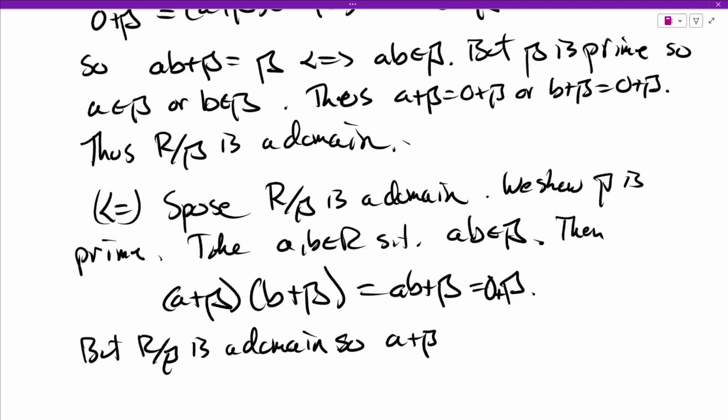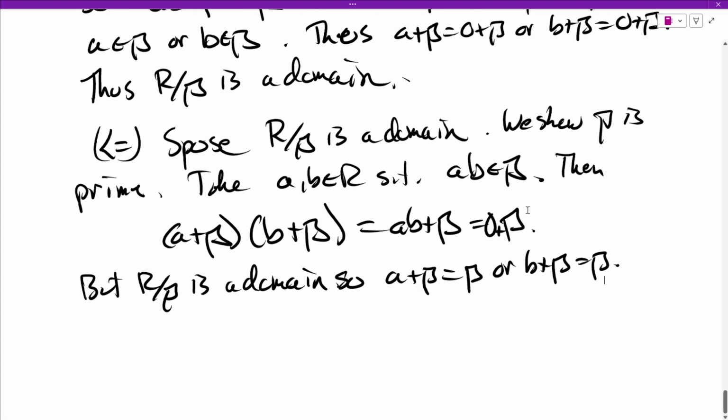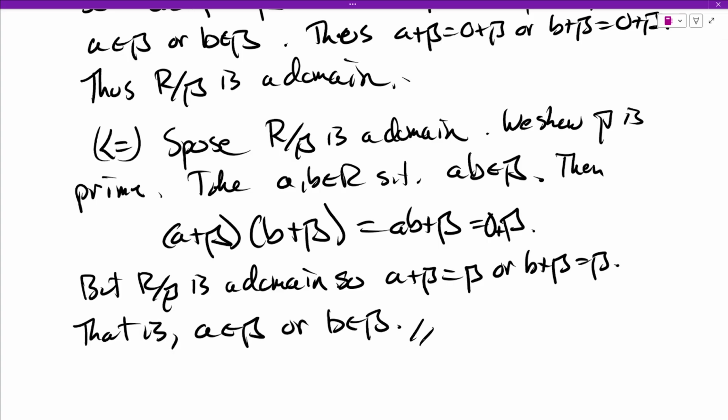So A plus P is P, or B plus P is P. Which is to say, in the first case, A is in P, and in the second case, B is in P. And that is what we wanted to show. We took a product in our ideal, and we wanted to show one of them was there, and we did. So, therefore, P is prime. Thus, P is prime.